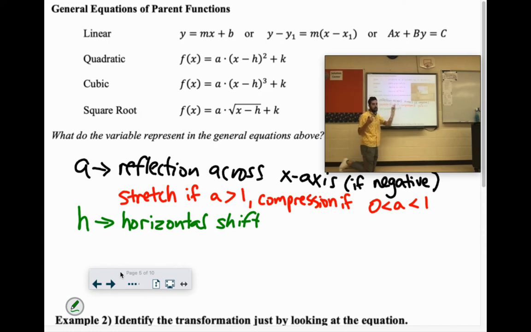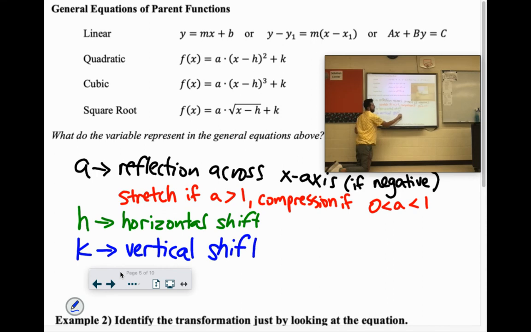So if it says -h, it's going to be shifted to the right that many units. If it says plus, we're going to shift left. And then the other one, the k, that is our vertical shift. So if it says plus, we're going to shift it up. If it says minus, we're going to shift it down.